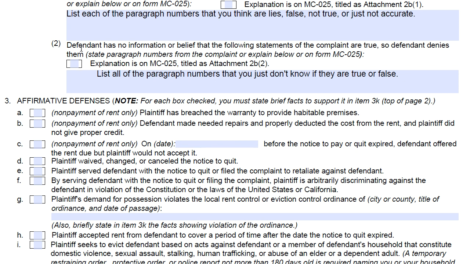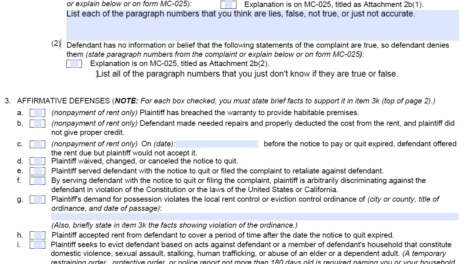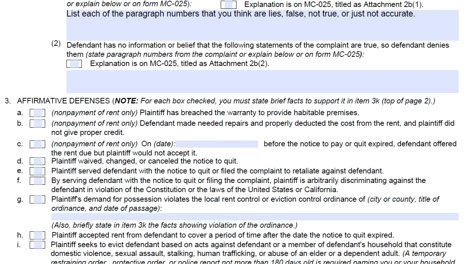So if you were looking at your answer, here defendant has no information, so denies each paragraph. Let's say that you did not believe that you rented the property for a penny per month, and this is paragraph 6 that says that you did. So you would go back to your answer and you would write in paragraph 6.